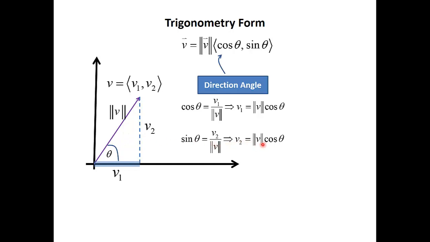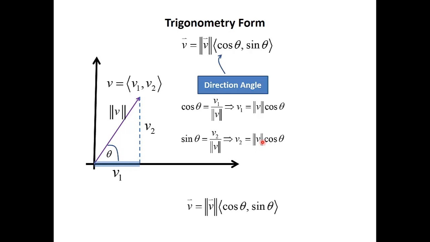And I get v2 equals this, just by multiplying both sides by the magnitude of v. Well, if that's the case, then notice this vector, v1, I can substitute magnitude of v times cosine theta, and v2 I can substitute with magnitude of v times sine theta, and I get this, trig form.